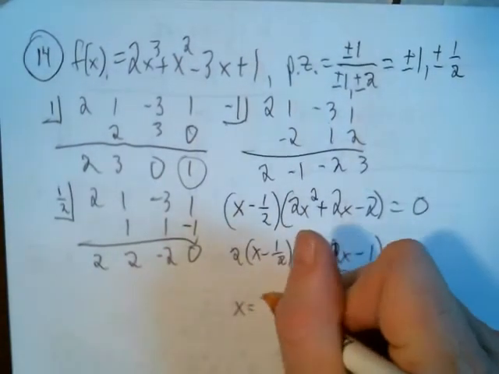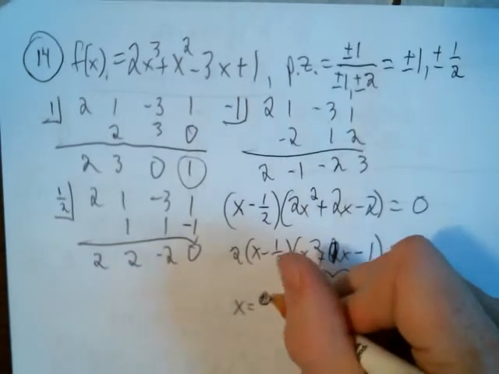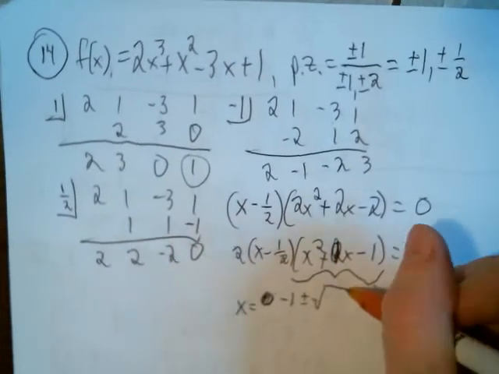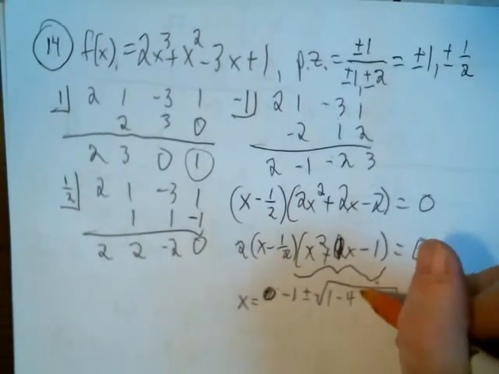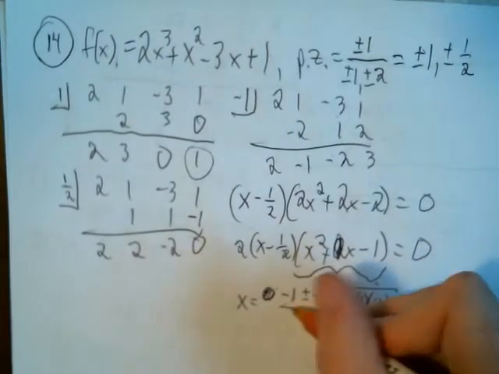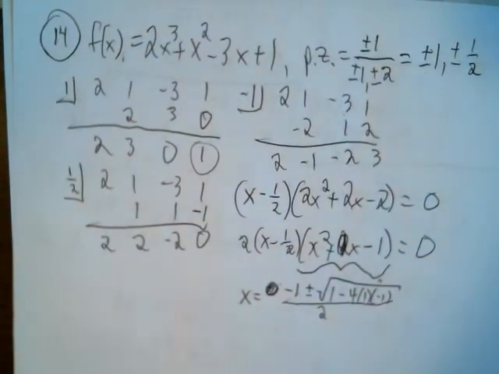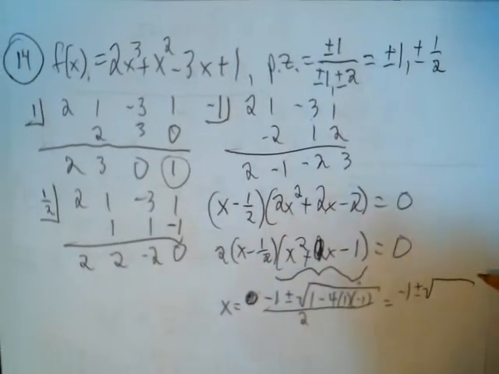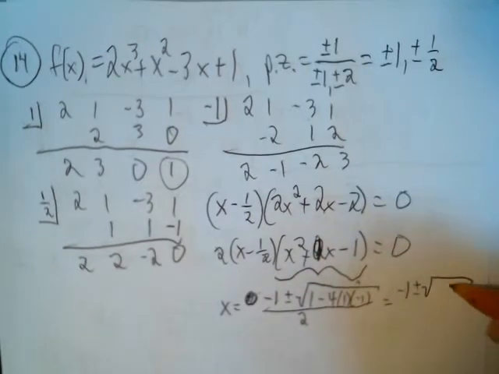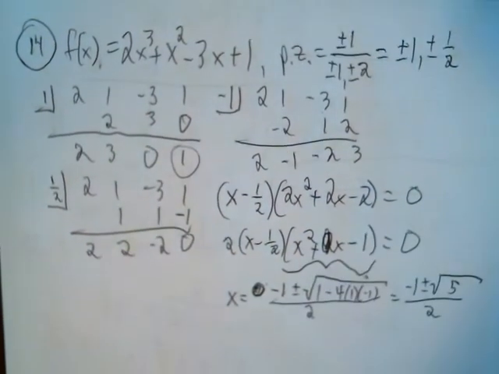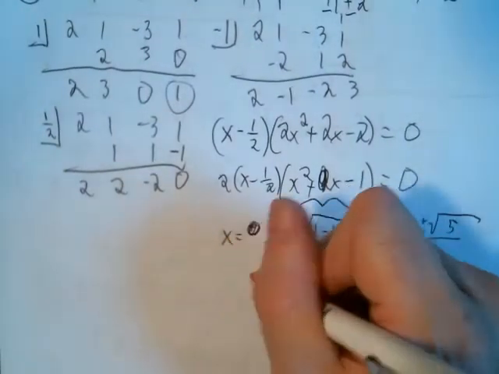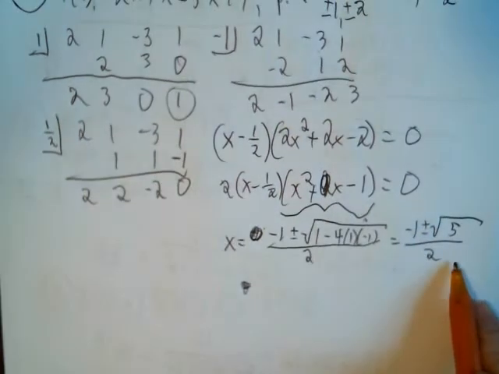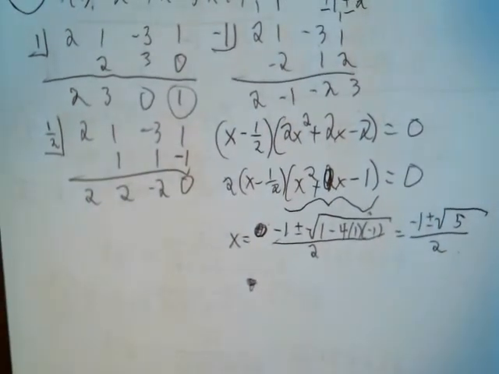So x equals negative b, it's just 1, plus or minus the square root of b squared, so 1 minus 4 times a times c. That'll be all over 2a, which is just 2. So we have -1 plus or minus square root of 1 plus 4 is 5, all over 2. Those are our 2 zeros, and we're done.